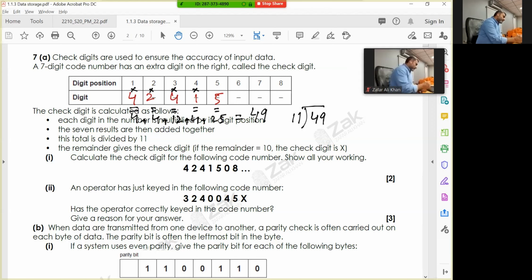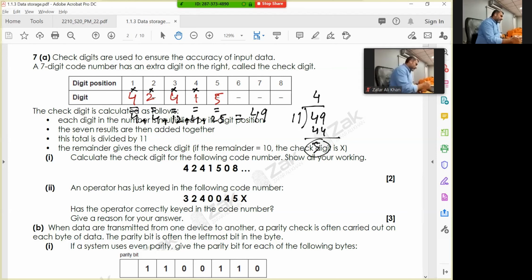And the remainder 5 will be the check digit. That is how it works, kind of.